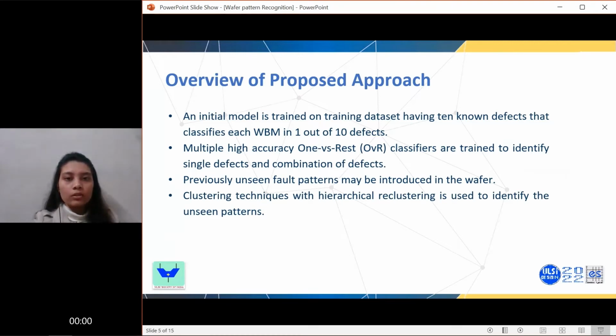However, identification of defect patterns is an ongoing and iterative process. Therefore, previously unseen fault patterns may be introduced because of some new aberration in the manufacturing system. Hence, to identify these unseen patterns, unsupervised clustering techniques with hierarchical reclustering are used.